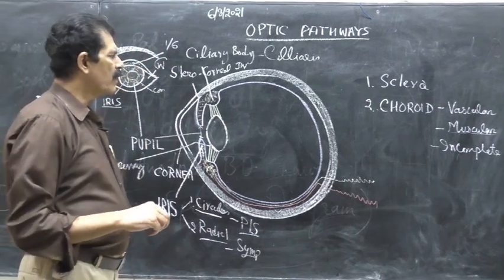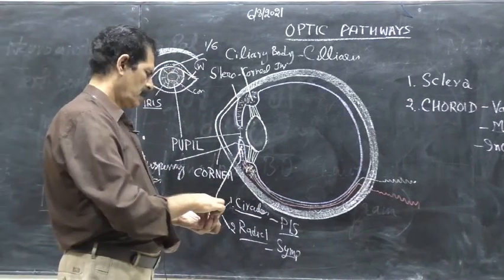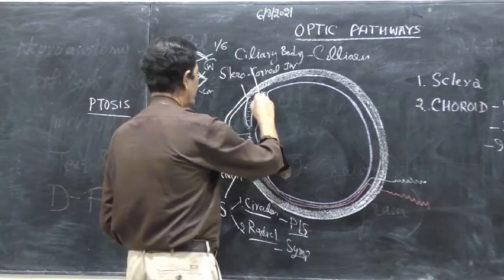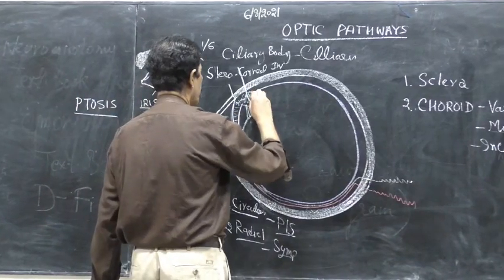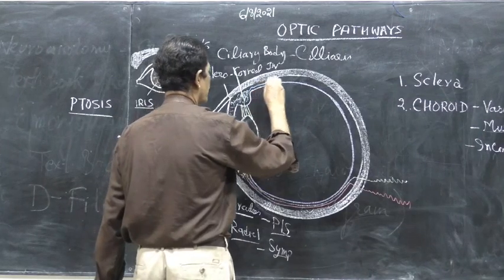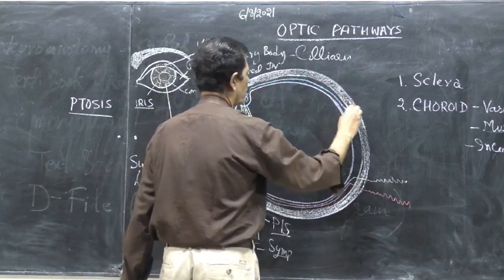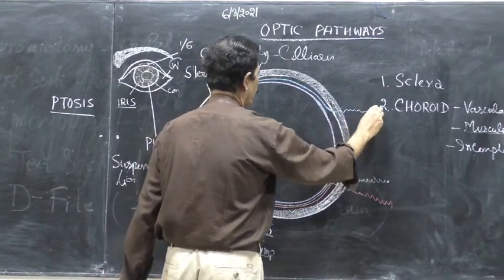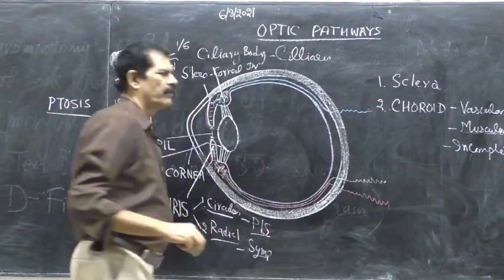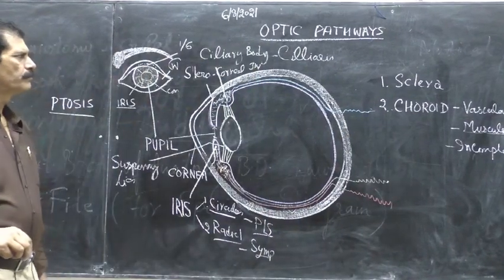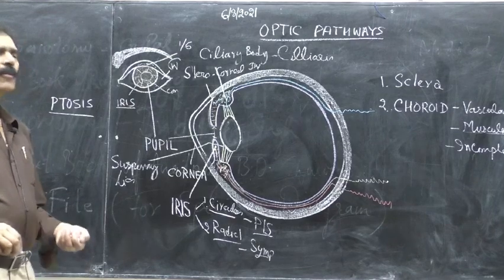So it is a vascular layer. Similarly, veins from the various regions also pierce the sclera and go out, the ophthalmic veins. So this is about the choroid.